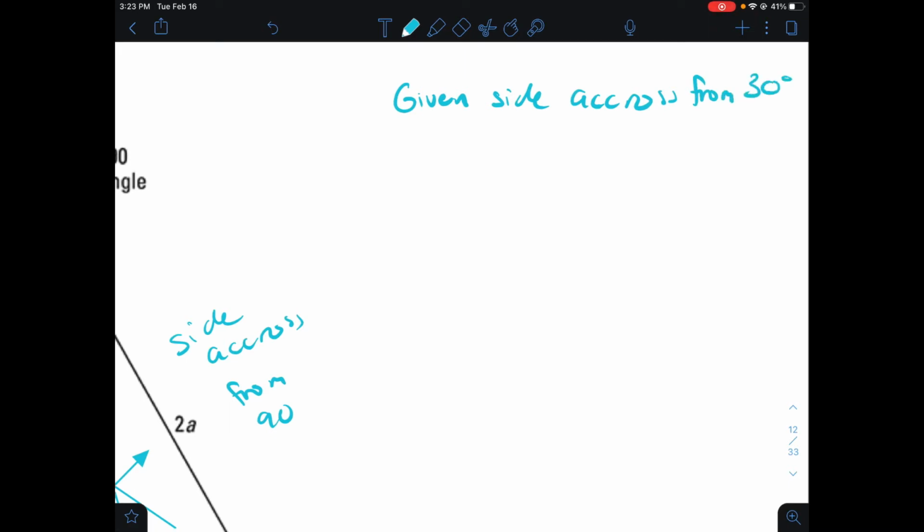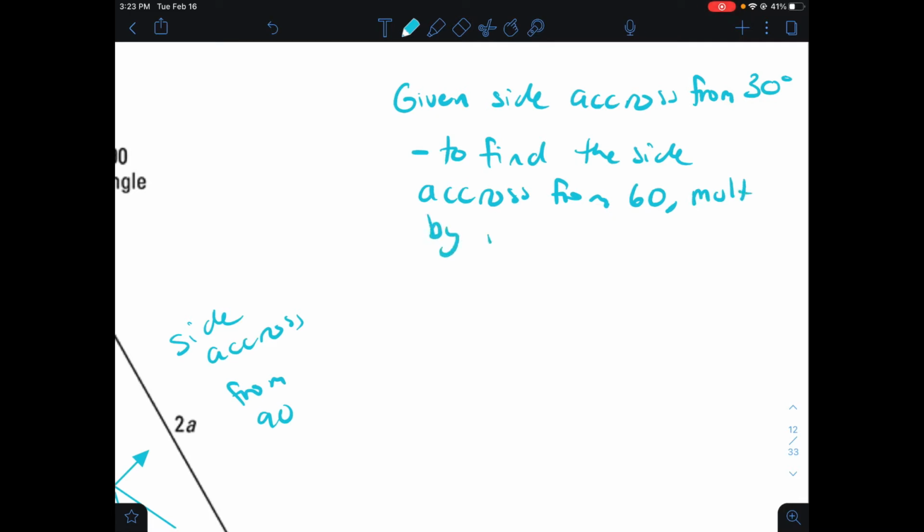If you're given the side across from the 30 degree, to find the side across from 60, you're going to multiply by root 3. Then, to find the side across from 90, you are going to multiply by 2.